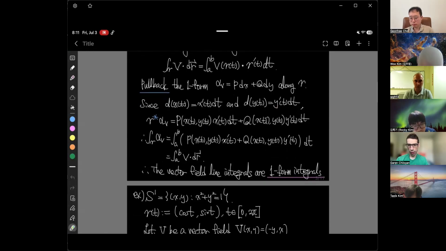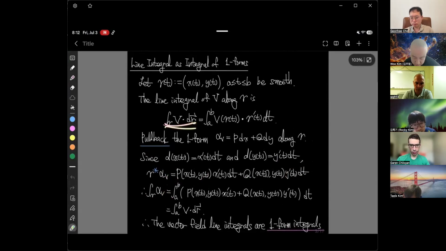So with this new notation, r star alpha is p of x of t, y of t times x prime of t dt, plus q times y prime of t dt. So this is not the line integral yet.